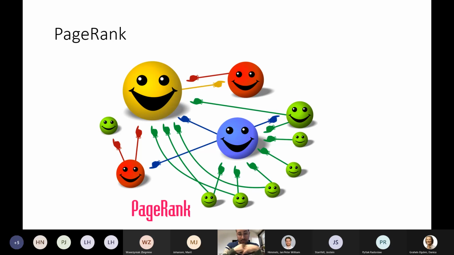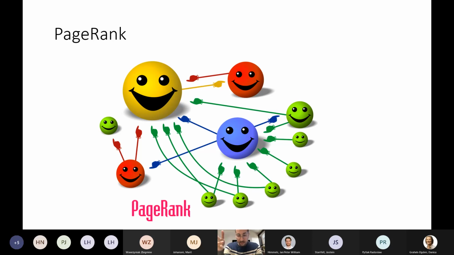If we have different web pages, or you can think of different articles, linking to each other through citations, a web page for which there are a lot of incoming links gets a higher ranking, and a web page that has a lot of outgoing links gets a lower ranking. And the idea is simple.